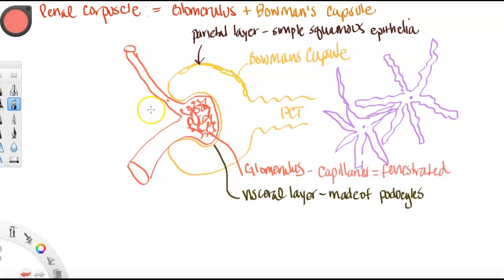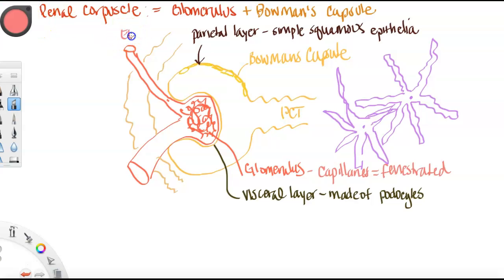All right, there are a couple other things about the area of the renal corpuscle that are noteworthy here. First of all, the tubes. Okay, we know that the ascending loop of Henle is coming up here, and it becomes the distal convoluted tubule. So the distal convoluted tubule runs right around these arterioles, the afferent arteriole and the efferent arteriole.